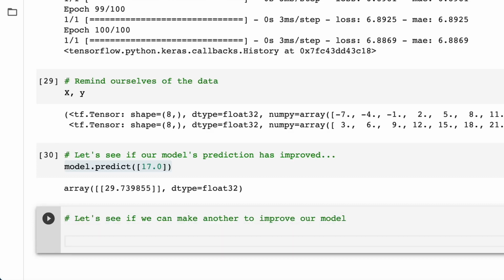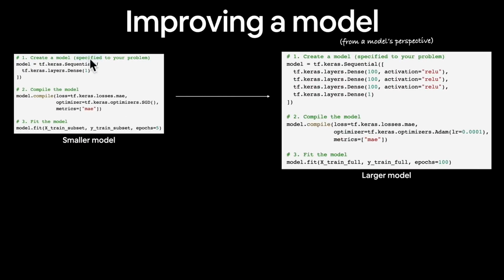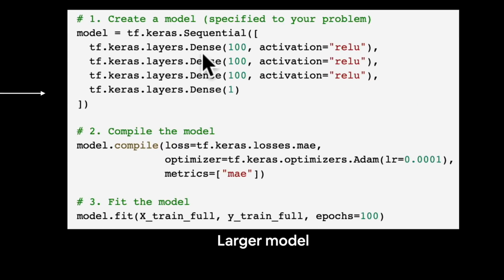So now I'm going to write some code to get even closer towards our smaller model becoming our larger model. My change, I'm going to choose by adding an extra layer here. So rather than 3 layers, I'm going to make the smallest change possible. And this is what I'd like you to think about as well going forward, is that you don't necessarily always have to add 3 hidden layers or add 10 hidden layers.